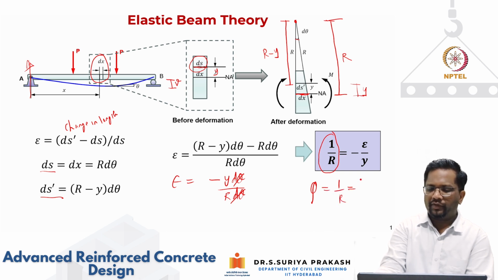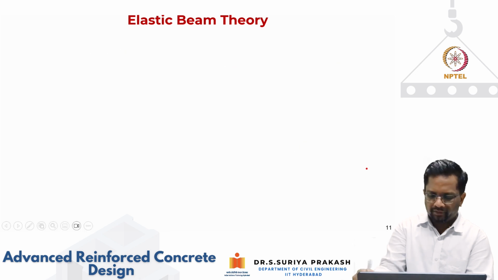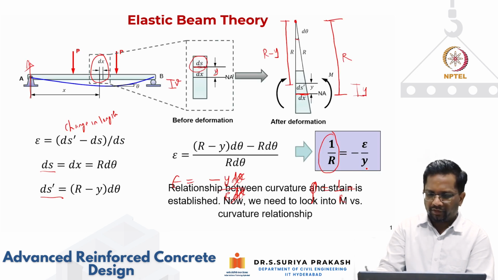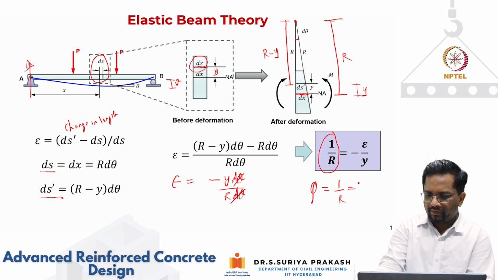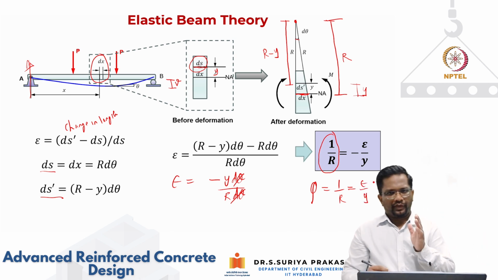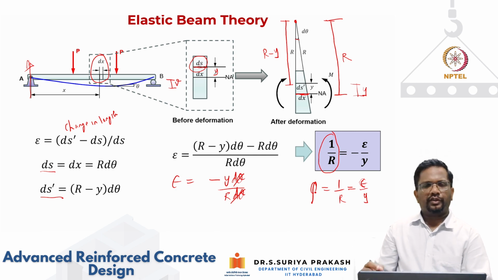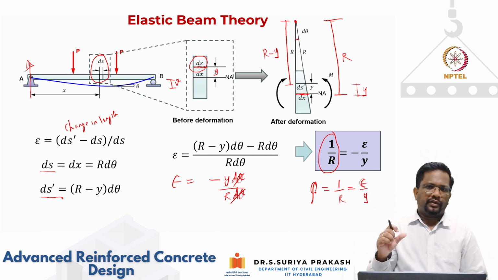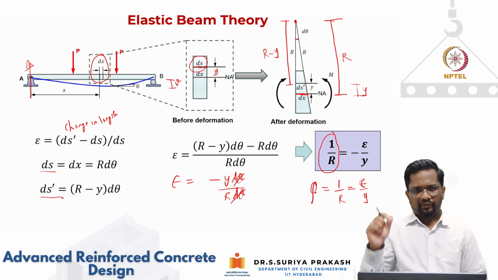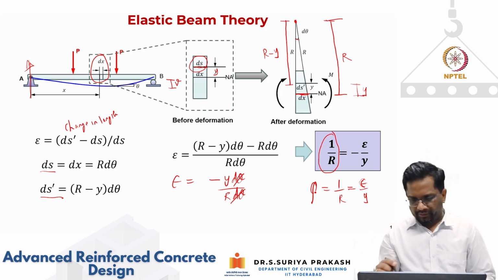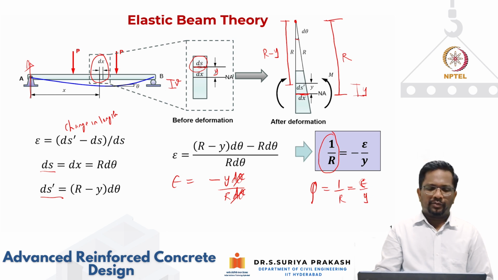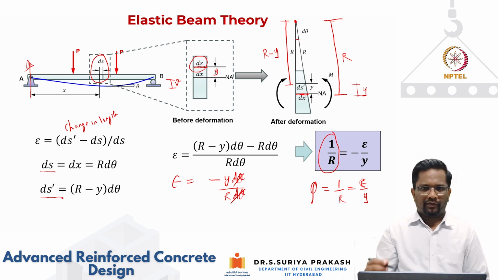Again, the curvature is nothing but epsilon by y. So the curvature is nothing but strain divided by the distance of that particular fiber from the neutral axis. So this is a relationship between strain and curvature.